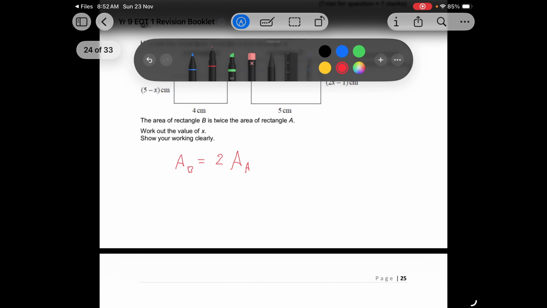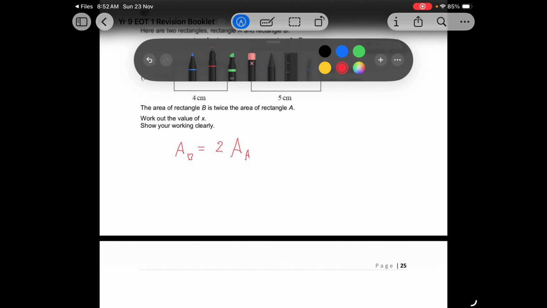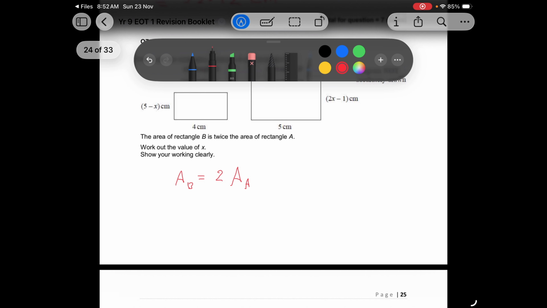So this will help me to create an equation for x. So work out the value of x. So first I need an equation. So area of B, what is area of B? It is 5 times 2x minus 1 equals 2 times, firstly 4 times 5 minus x.